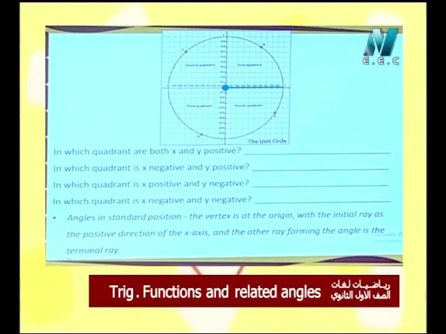Let's see it again. It's enjoyable. Look carefully at this. We have here angles from 0 to 360. We revolve 1 turn, 1 round. Its measure equals 360 or 2 pi.